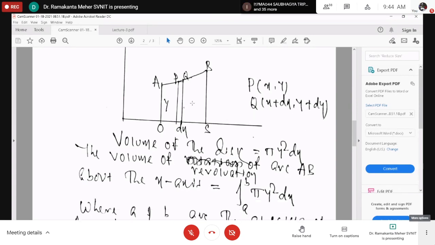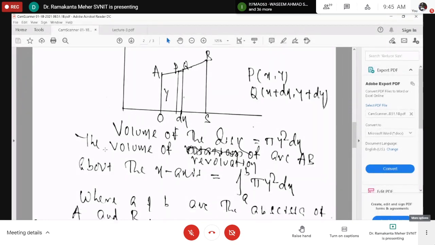Now, if we see from this figure, the volume of the disk that can be formed after rotation about the x-axis becomes pi y square dx, because the radial distance of this disk is y, since it's parallel to the y-axis. So this is the volume that you can find after rotating this PQ around the x-axis.